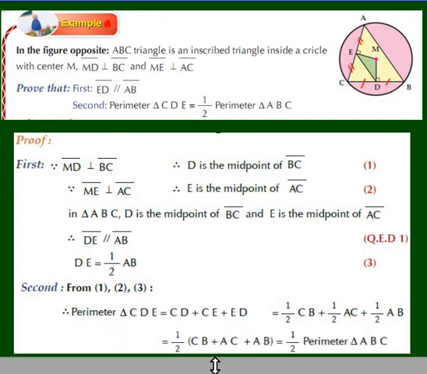Take half common factor, then half multiplied by (CB plus AC plus AB). This is perimeter of triangle ABC. Therefore, perimeter of triangle CDE equals half perimeter of triangle ABC. Thank you.